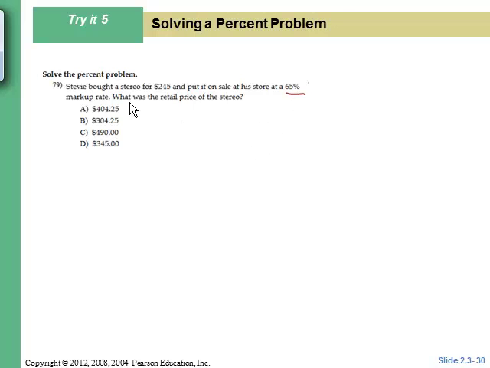Okay, so he wants a 65% markup on the original price. So 245 is the original price. We want 0.65 to give us the markup amount. Let's get the M all alone by multiplying both sides by 245.